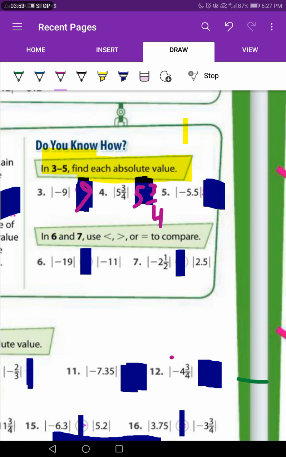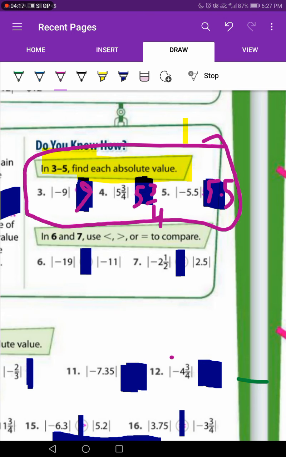See how I read it: the absolute value, then say the number. The absolute value of -5.5 will be what? The answer is 5.5. Good.